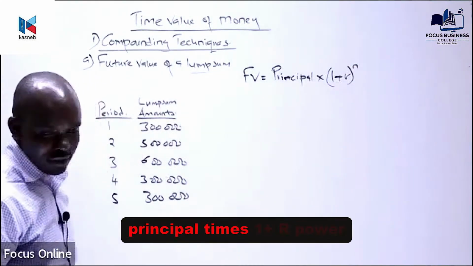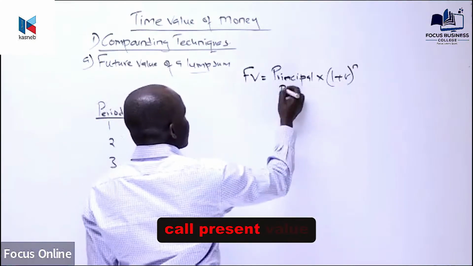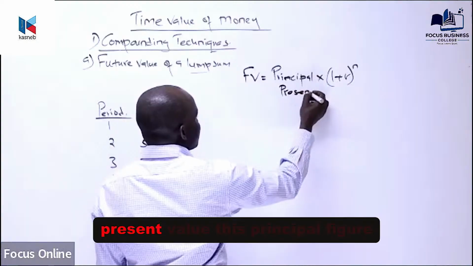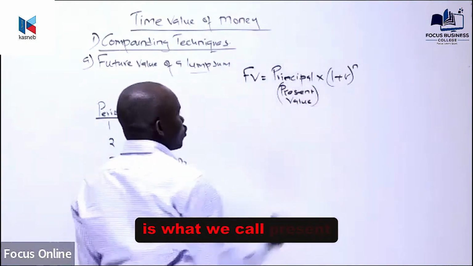Principal times 1 plus r power n. And this principal figure here is what we call present value.